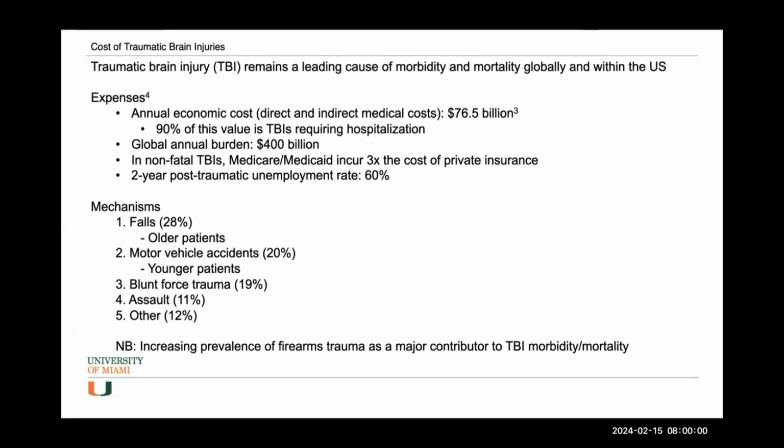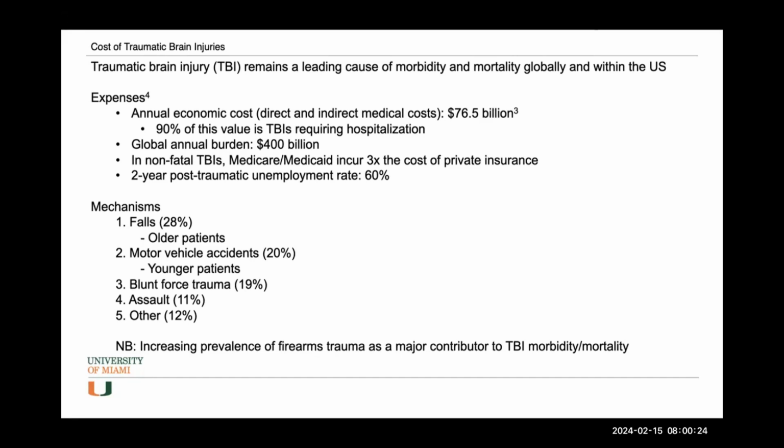The cost presumably would be higher for fatal TBIs, though that data hasn't been fully analyzed yet. And for patients who do survive a traumatic brain injury, the 2-year unemployment rate is often between 60 and 65%. So the overall social and financial cost of having a TBI is incurred not only by an individual patient or the family, but by society writ large.